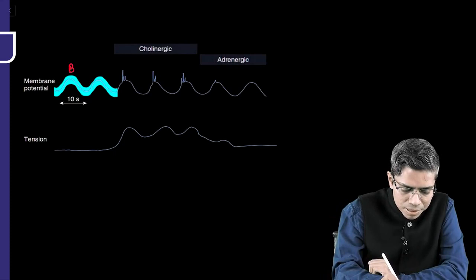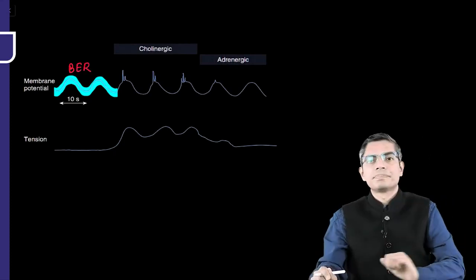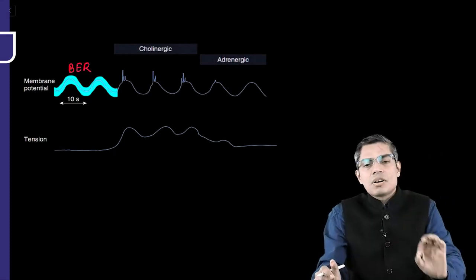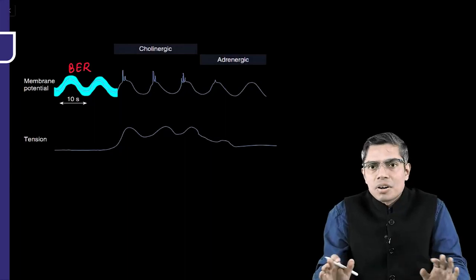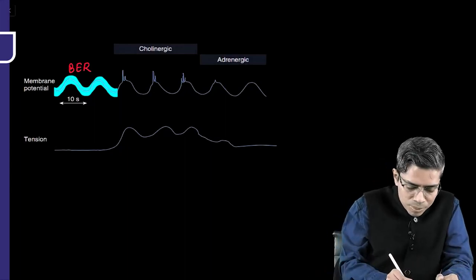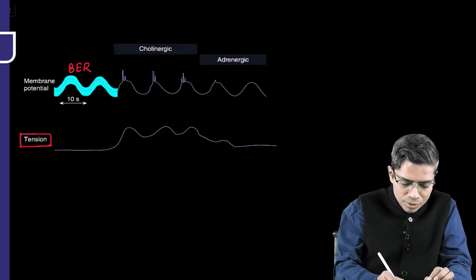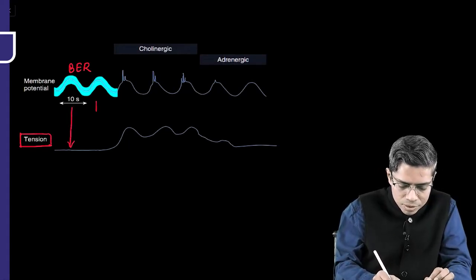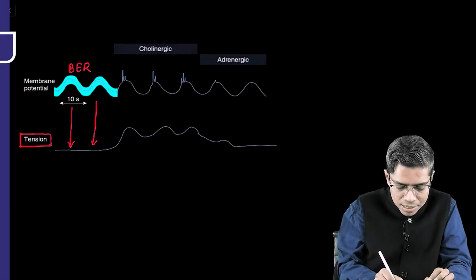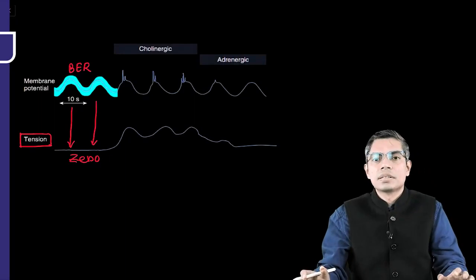When BER is occurring only, muscle contraction is not going to happen. So if you measure the contractile strength of the muscle, or tension, you are finding out that there is no tension. The tension is equal to 0. No contraction.